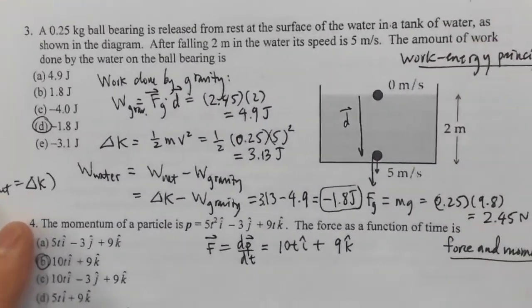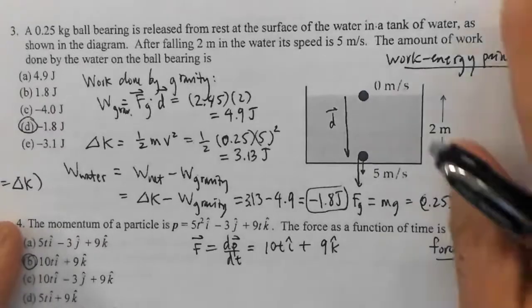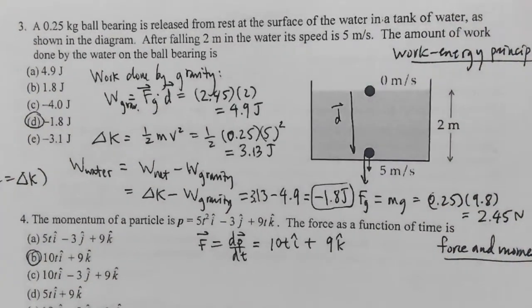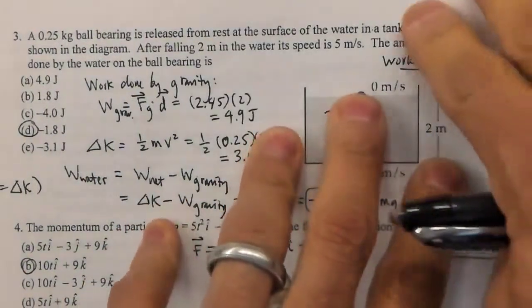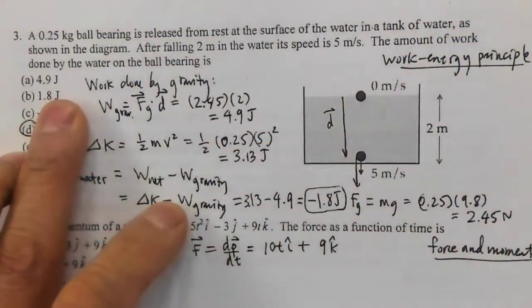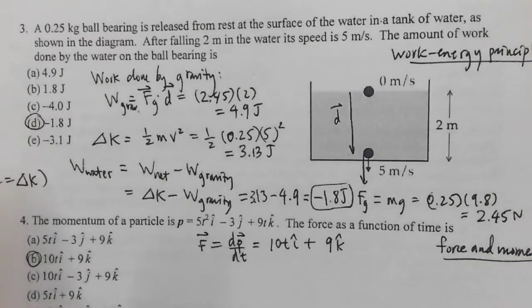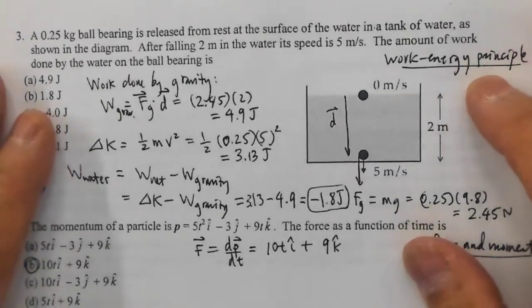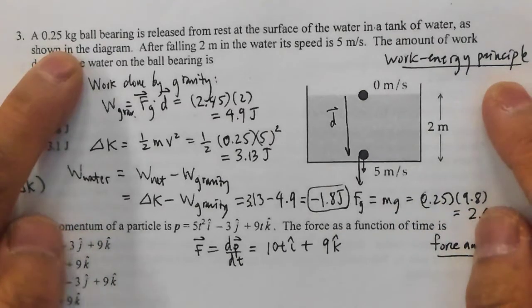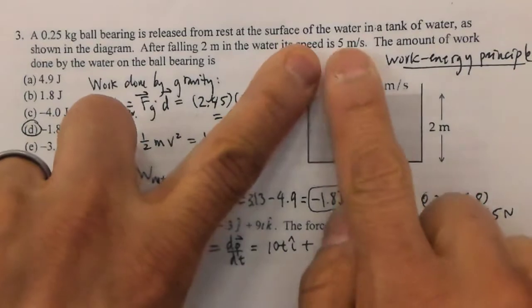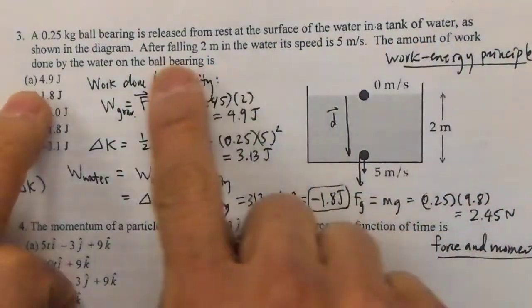Okay, here's a problem on a ball bearing that's released from rest in a tank of water. This sounds kind of complicated, but you have all the tools to solve this problem. A 0.25 kilogram ball bearing is released from rest at the surface of the water in a tank of water, as shown in the diagram.